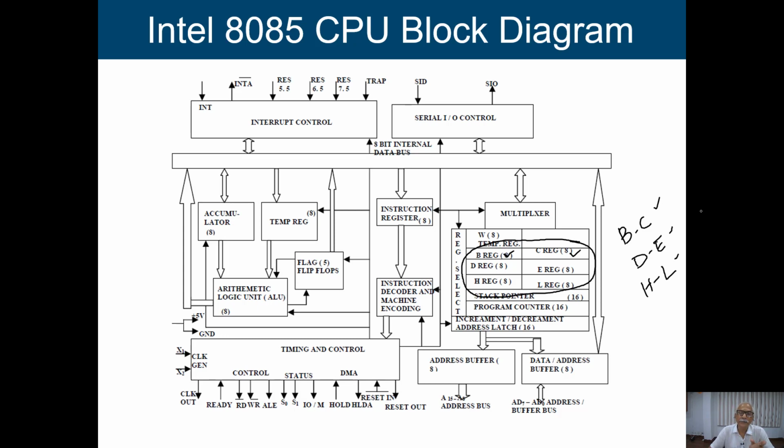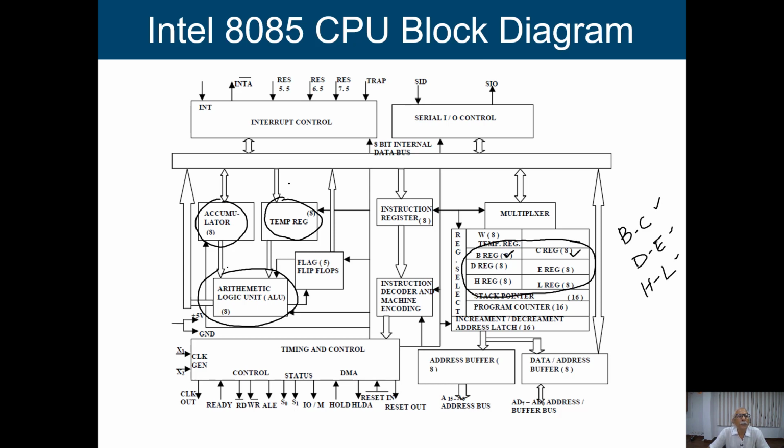Why do we say it is an 8-bit processor? Because whatever ALU operation we have, it can be done on 8 bits. Now if you look at this, this is the arithmetic and logic unit. Two inputs are coming, one from the accumulator, the second from the temporary register. By looking at this configuration, I can say this is an accumulator based processor.